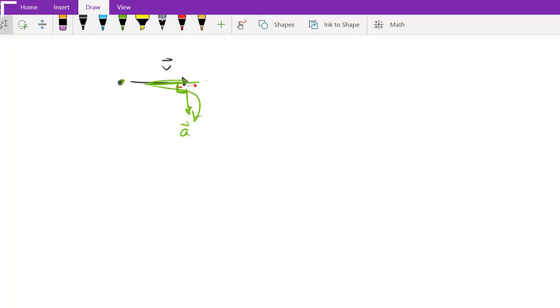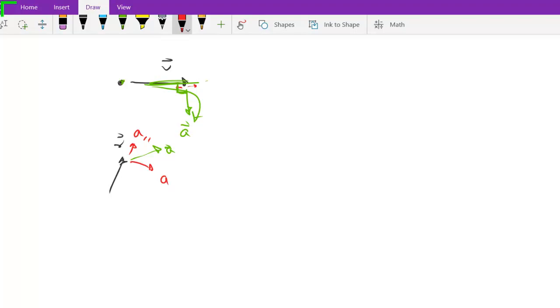So let's see if we can put a couple of these together. Let's say I have a velocity vector like this, and then we have an acceleration vector which is maybe like that. We can break this acceleration into components which are parallel and perpendicular to our velocity. So there would be some part of my acceleration like this, I would call this a parallel, and then I have some portion perpendicular.